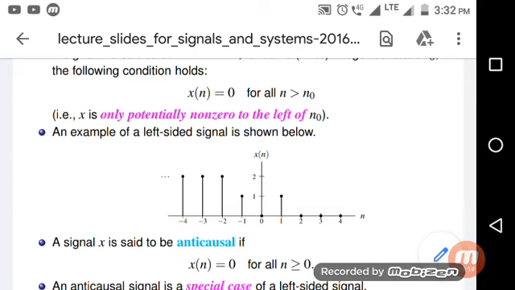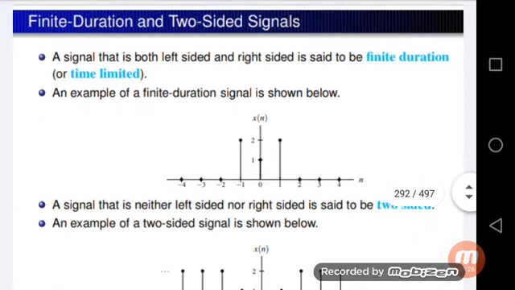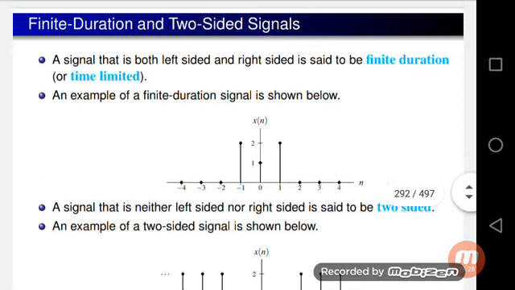To propagate data information from one place to another place. Next one is finite duration and two-sided signals. A signal that is both right-sided and left-sided is said to be finite duration.